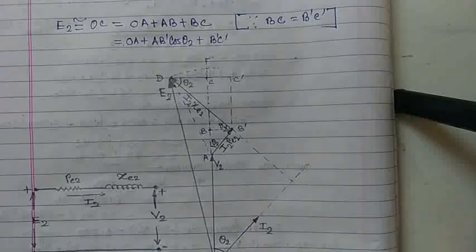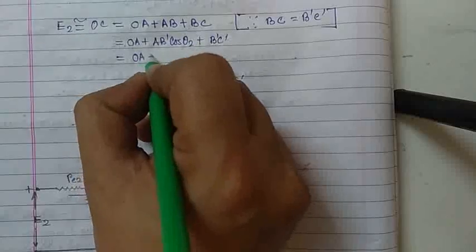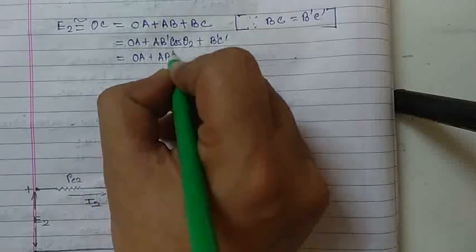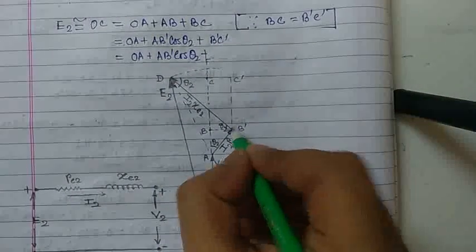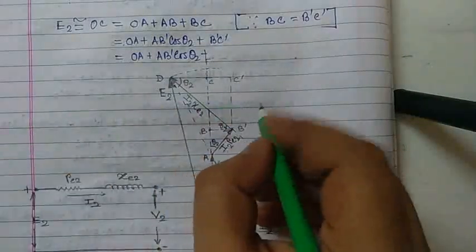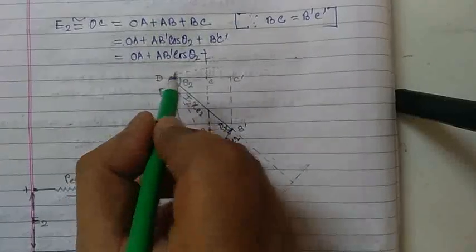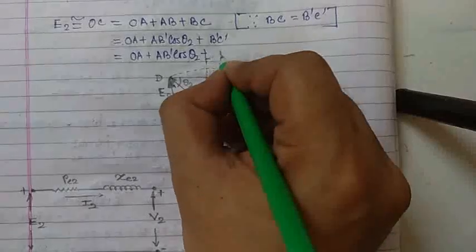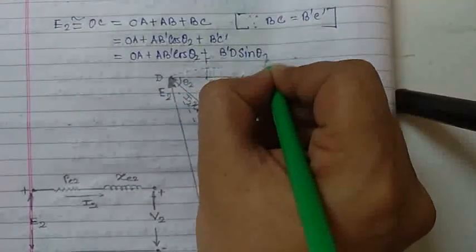Now again I write OA plus A B dash cos theta 2 plus BC dash. BC dash is nothing but B dash D sin theta 2.